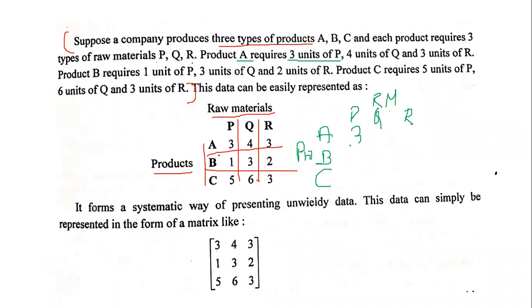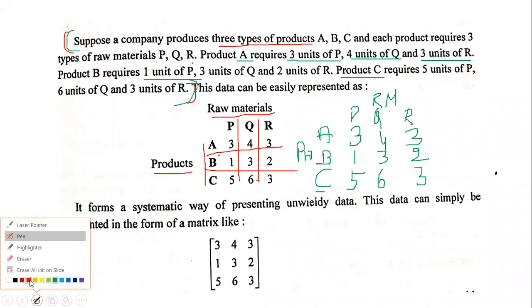Product A requires 3 units of P, 4 units of Q and 3 units of R. If you see this, it is very easy for anybody to understand that we need 3 units of P, 4 units of Q and 3 units of R. Then product B requires 1 unit of P, 3 units of Q and 2 units of R. And finally product C requires 5 units of P, 6 units of Q and 3 units of R. So such big data is being simplified here in this format.